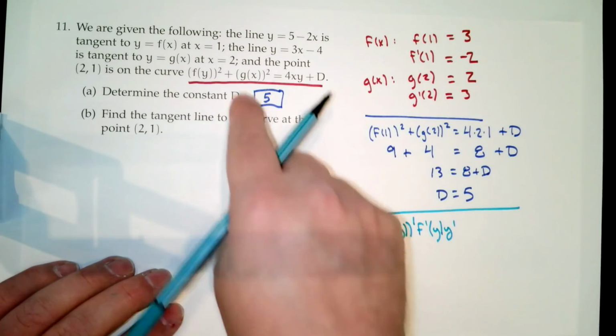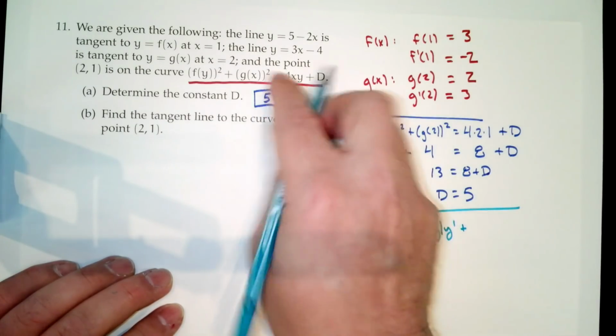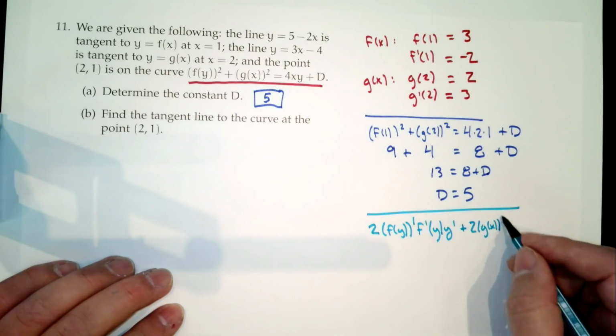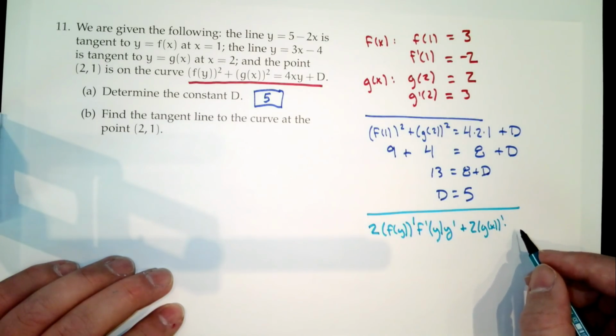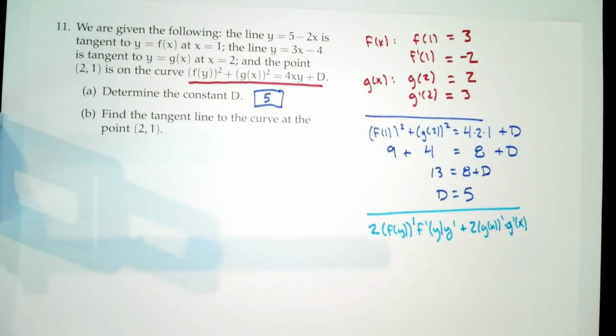Both are acceptable. Coming to the next term, g of x squared: the 2 comes down, g of x to the first, times g prime of x, because we're doing the chain rule, times the derivative of the inside, which in this case is 1.